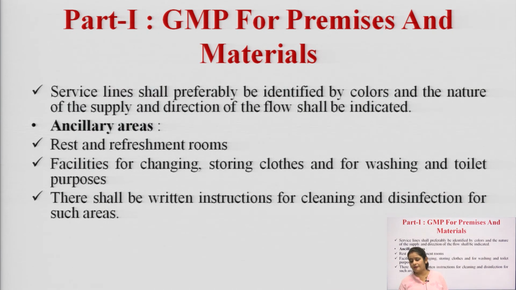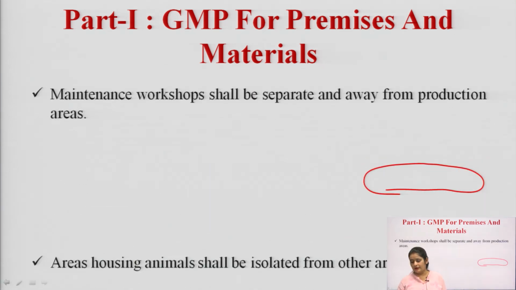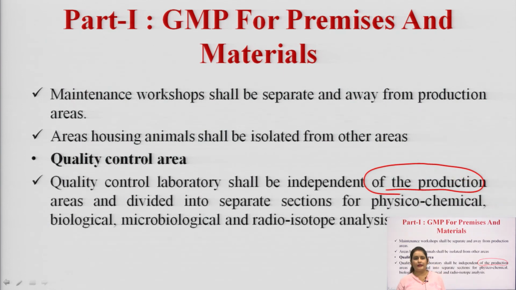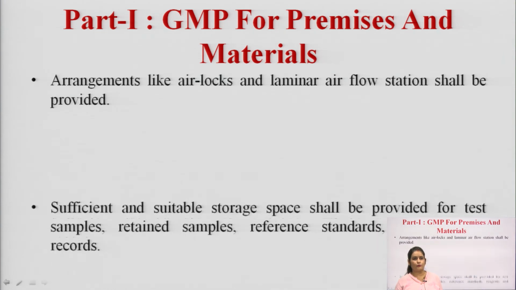Apart from production, ancillary areas such as the rest and refreshment room are also noted by GMP, and the quality control area shall be independently designed from the production area and divided into separate sections.